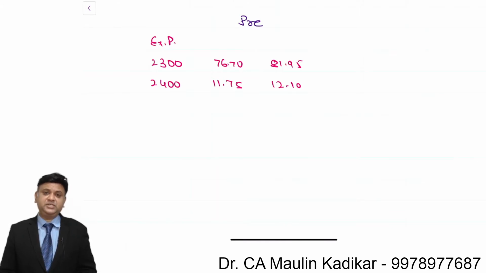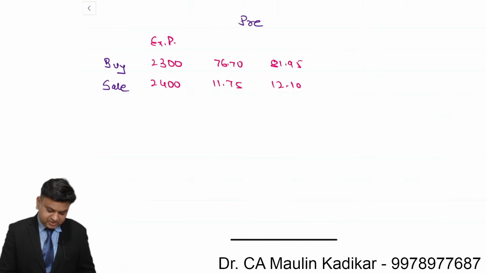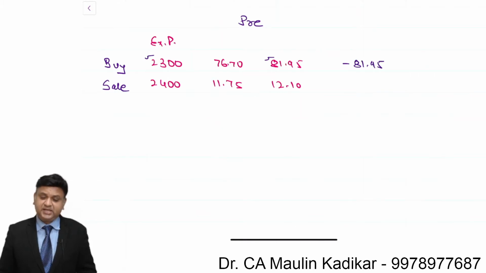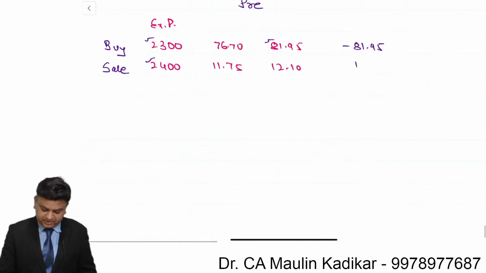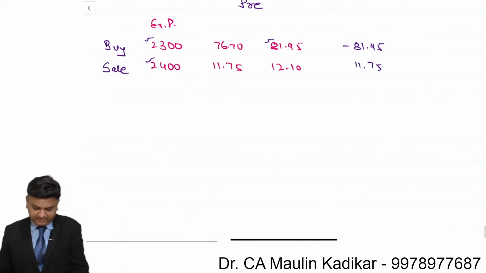You will buy the option which has the lower exercise price, that is, you will buy a call option having exercise price of 2300, and you will sell a call option which has the higher exercise price, 2400. Purchasing the call at 2300 will have a premium of 81.95, and selling the call having exercise price of 2400 will give you a premium of 11 rupees 75 paise.